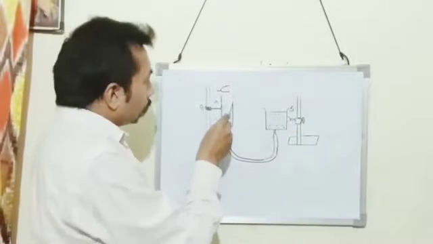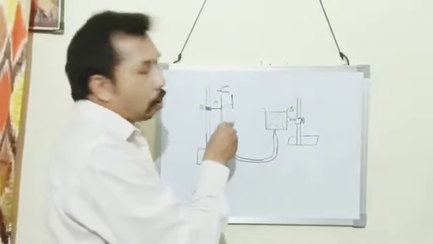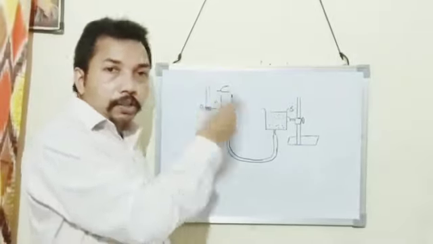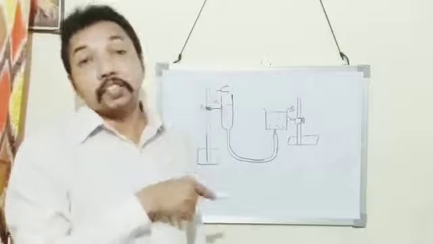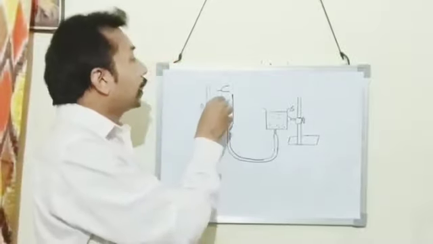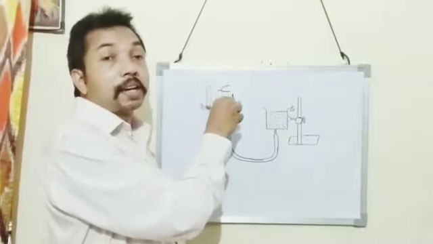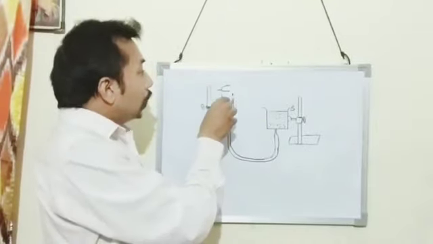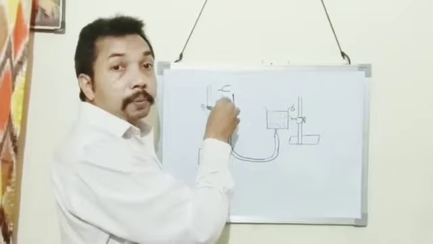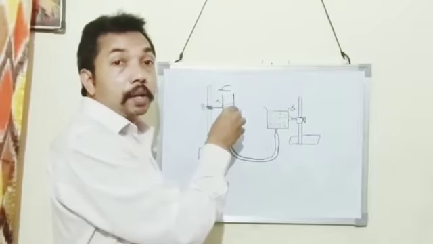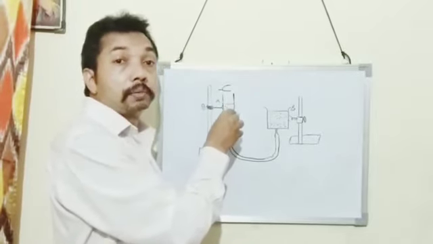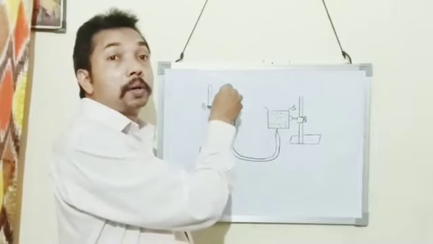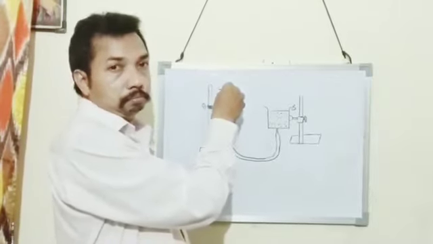Now suppose that we increase the height of the air column, and at a certain stage we can hear a louder sound. At that time what is happening? The frequency of the air column matches with the frequency of the tuning fork.